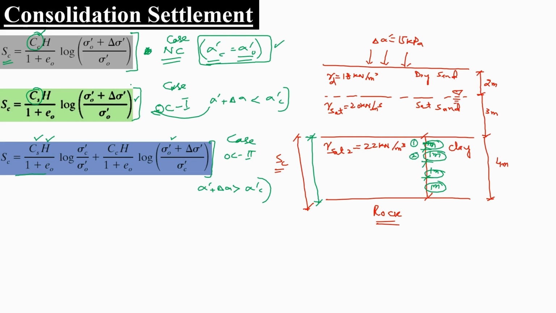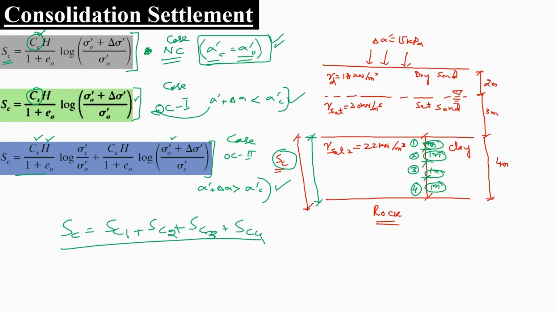This is your choice according to the concepts, according to these three conditions. Then you will use a formula for layer three and then for layer four. So you will use four formulae of SC to find the total consolidation settlement. Simply, we will add the consolidation settlement of layer 1 plus layer 2 plus 3 and layer 4. This will give you the final answer.